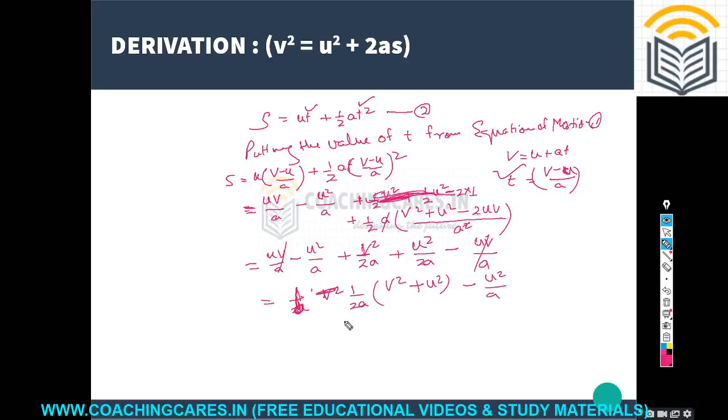Or we can take the common outside, 1 by 2a, 1 by a we have taken outside, and further we can write it v square by 2 plus u square by 2 minus u square.